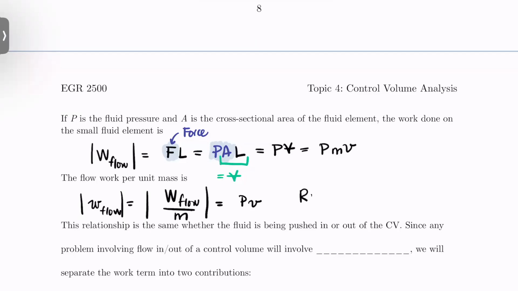Another handy relationship is that our rate of flow work is the following. So we have W dot flow. So I'm going back to our non-specific version of this equation, and this is equal to P M dot v. So we're assuming that specific volume and pressure are not going to change with respect to time, but M does. Okay.